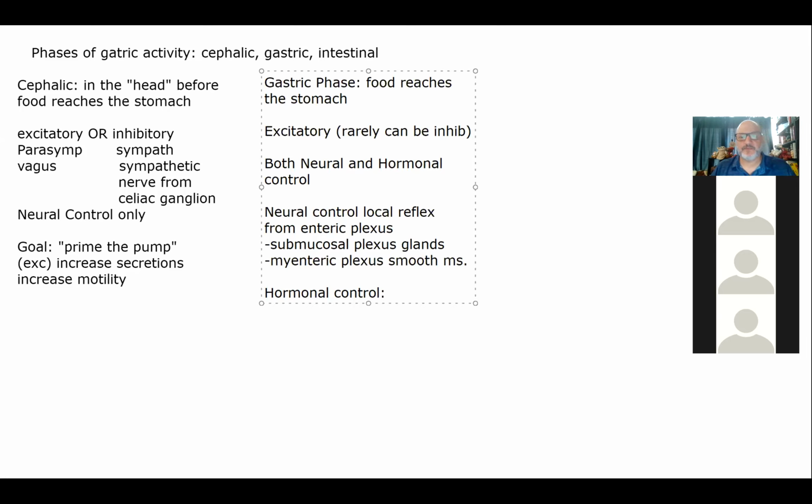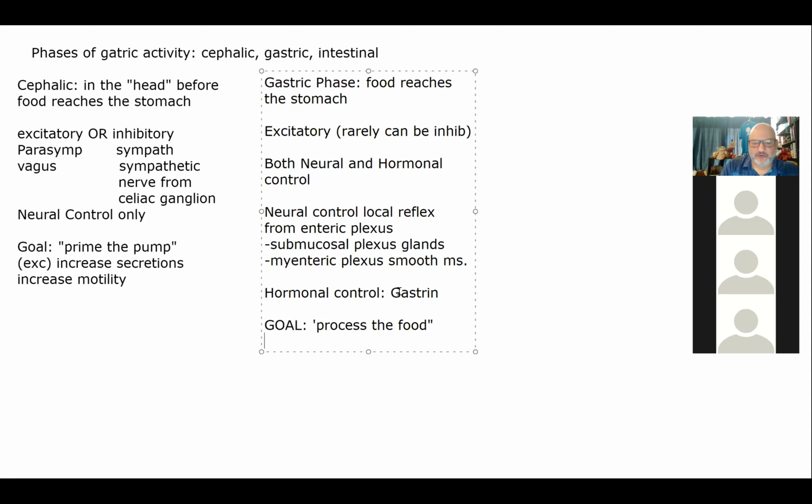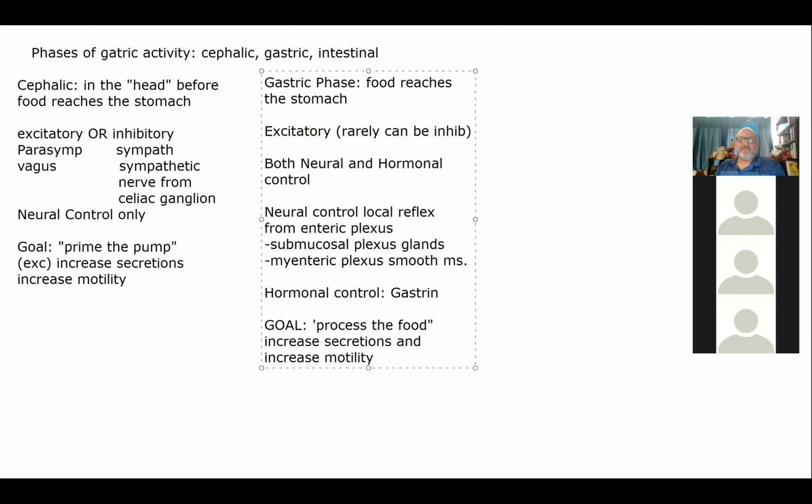There we go. Perfect. Gastrin provides control. And our goal now is to process the food. To do that again, we're going to increase the motility and increase the secretions. All right, process that food that is inside of the stomach.